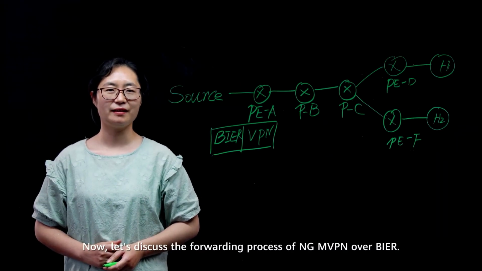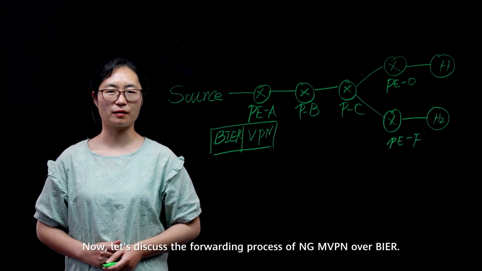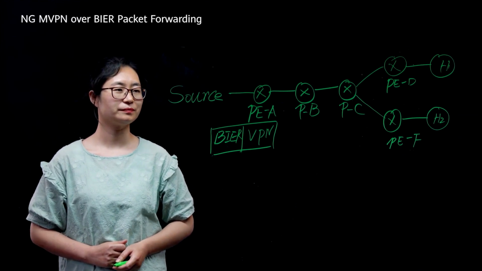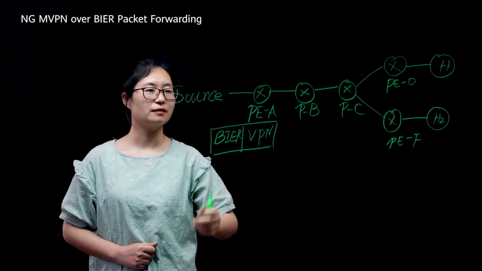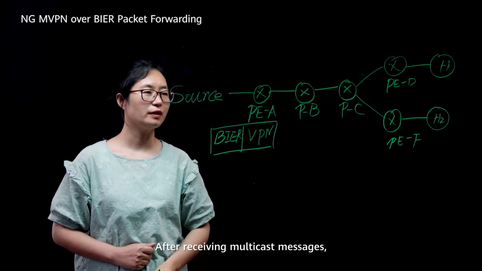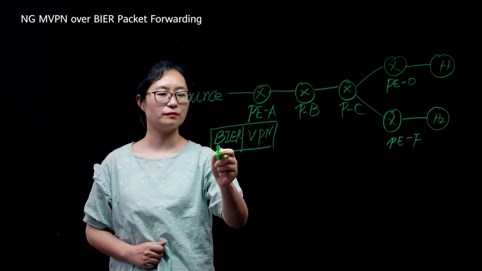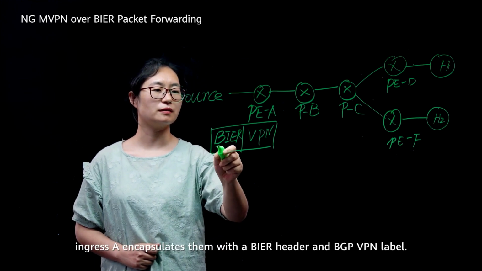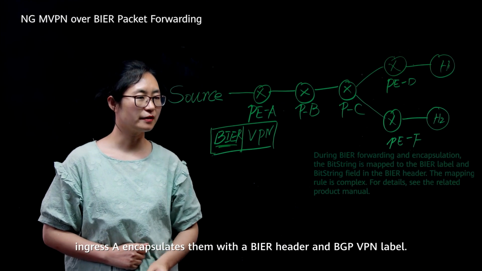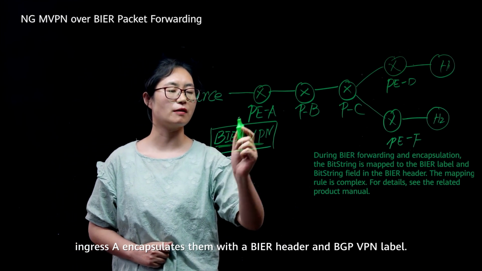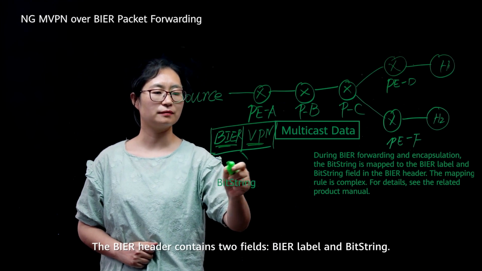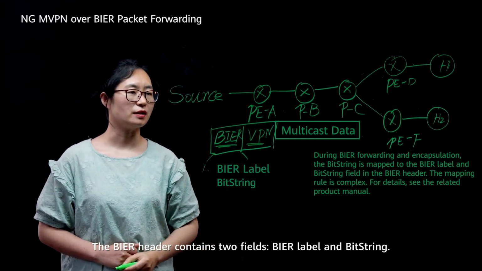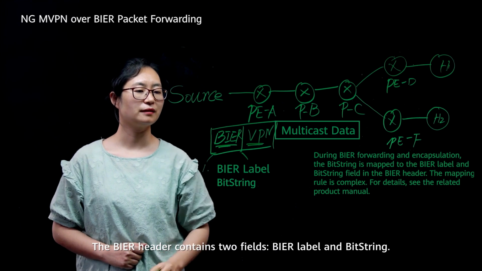Now, let's discuss the forwarding process of NG MVPN over BIER. After receiving multicast messages, Ingress A encapsulates them with a BIER header and BGP VPN label. The BIER header contains 2 fields, BIER label and bit string.